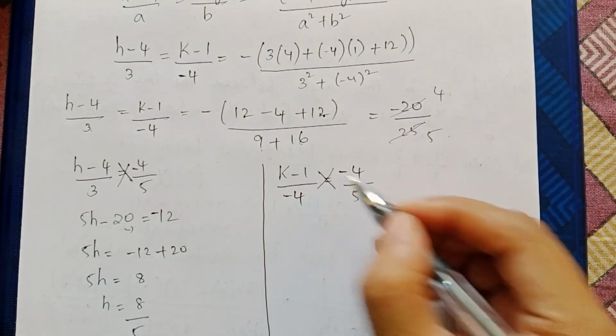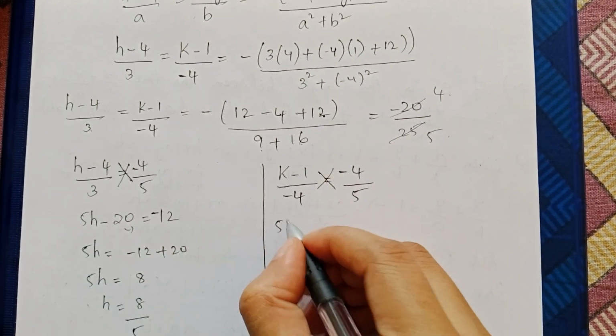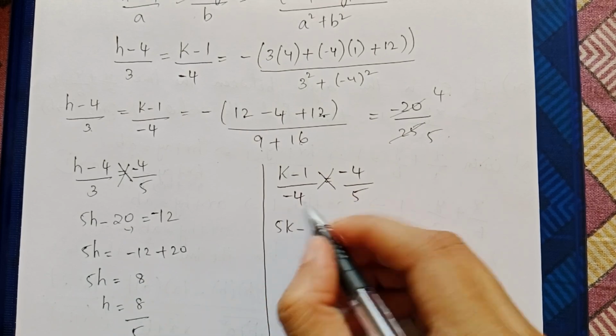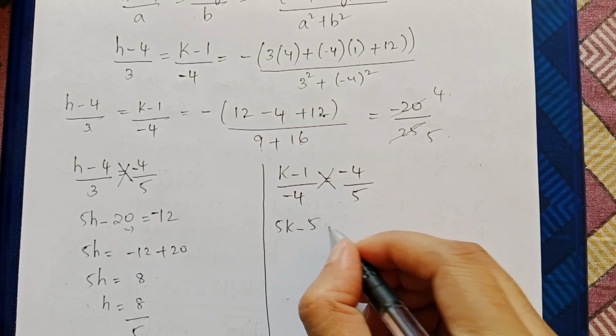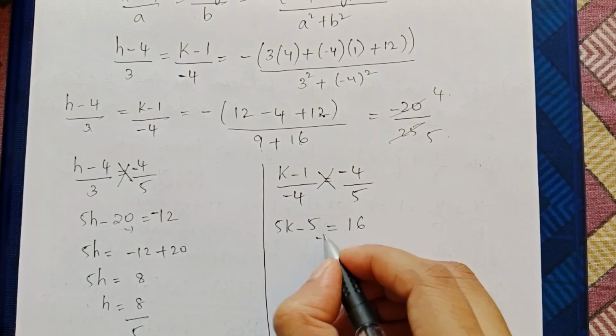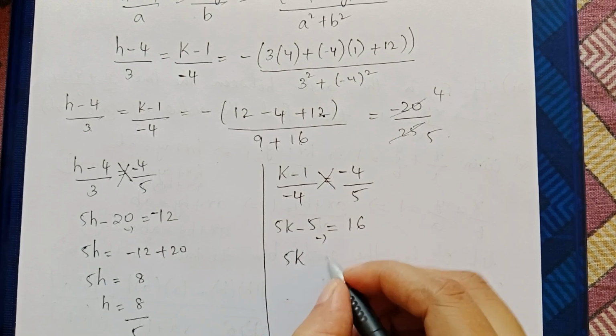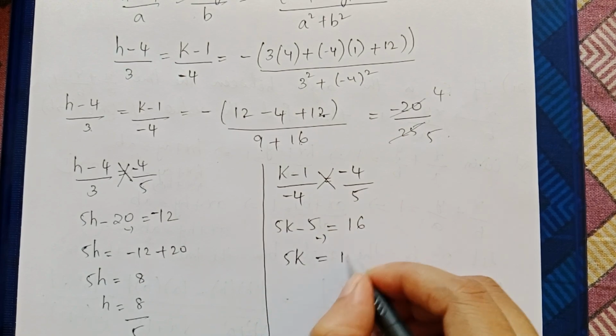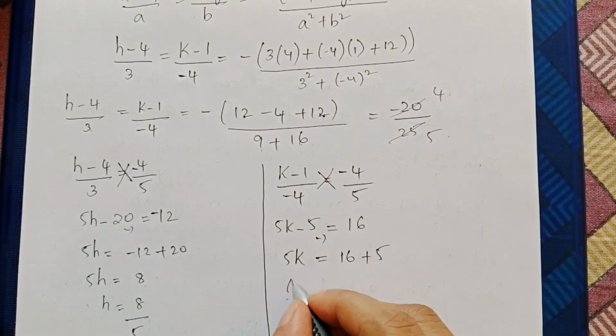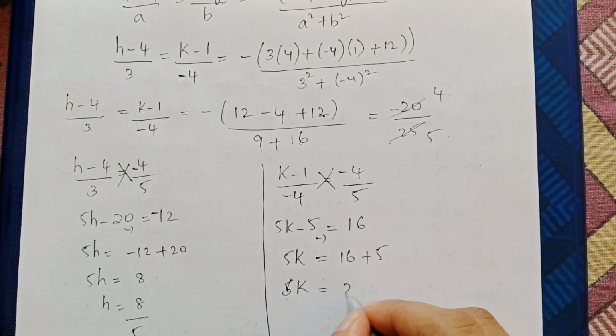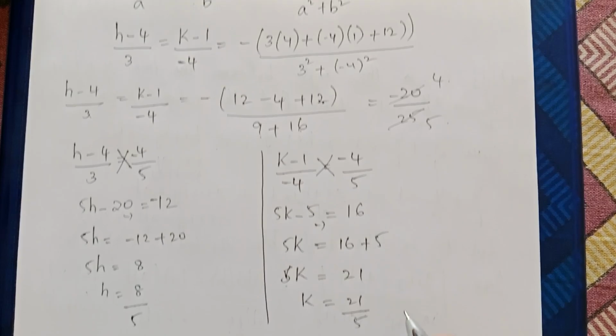Here also cross multiplication, so it is 5 into k, 5k minus 5, and negative of negative is plus, that is equal to 4 fours are 16. So this comes here, so 5k is equal to 16 plus 5. 5k is equal to 21. k is equal to 21 by 5.